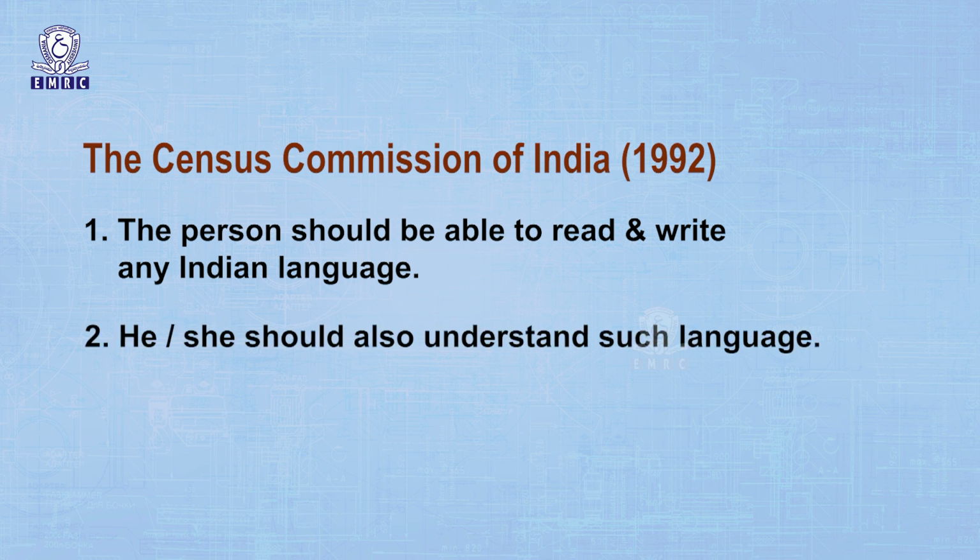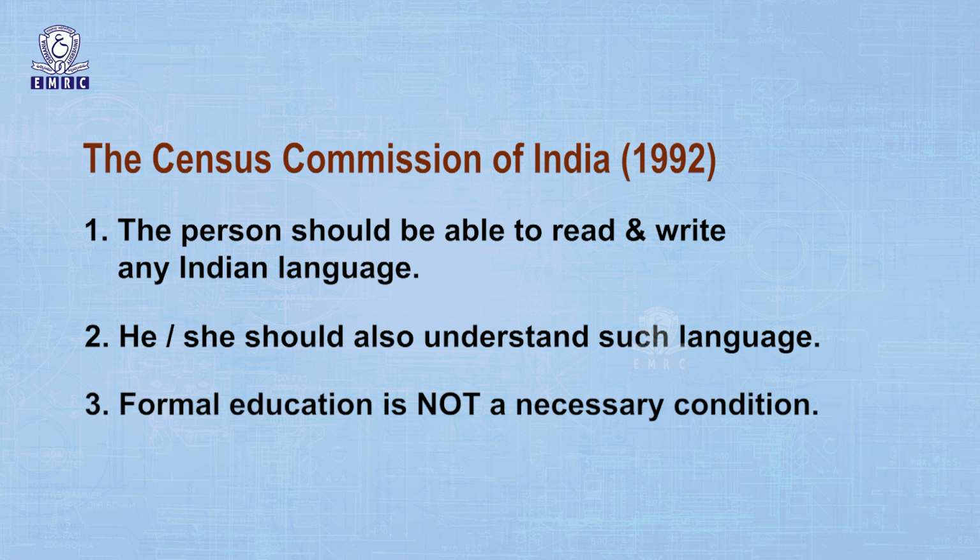Secondly, he or she should also understand such language. Thirdly, formal education is not a necessary condition. The literacy rate of India in 2020 is 77.7%. As per UNESCO, India will achieve universal literacy by 2060.